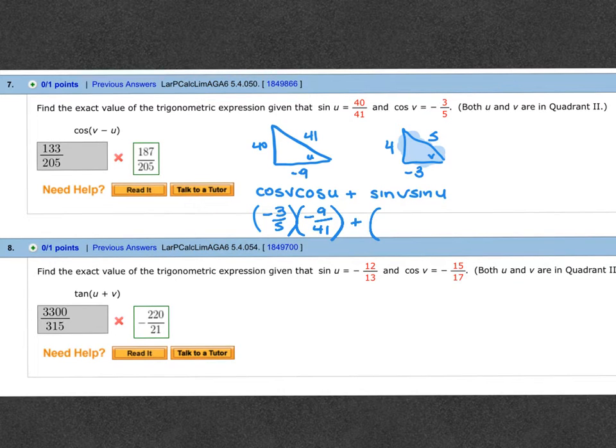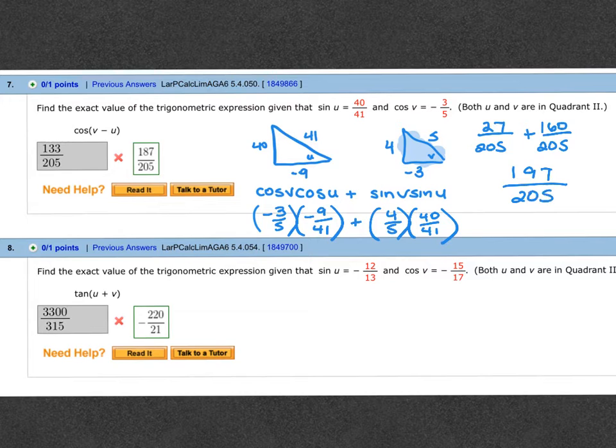Sine of the one on the right, 4/5. Sine of the one on the left, 40 over 41. And then you get 27 over 205 plus 160 over 205, which is 187 over 205.